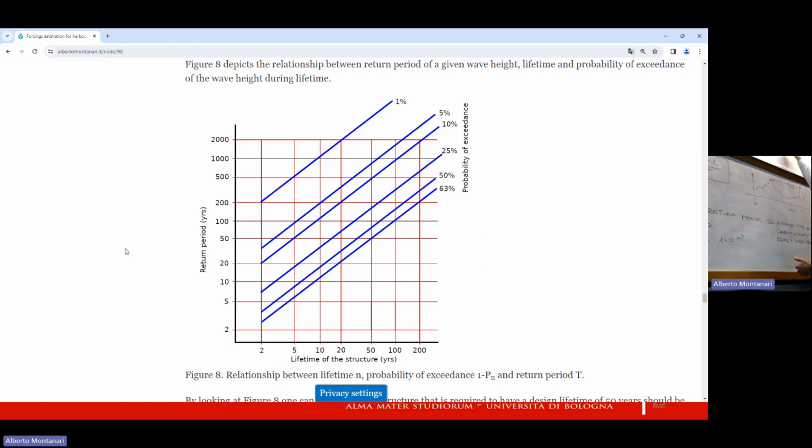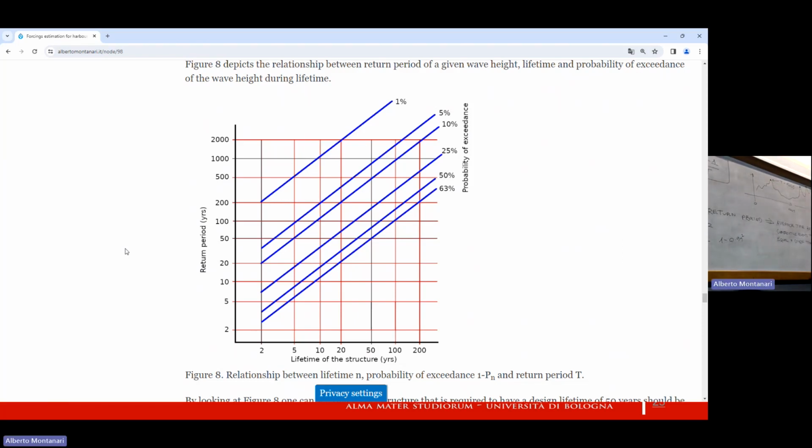The blue lines indicate isoprobabilities. If I take the same lifetime as the return period, as you see, I am sitting over the 63% probability blue line.